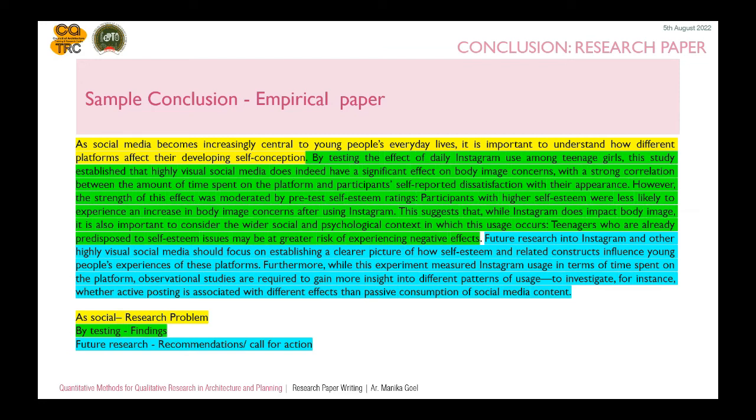However, the strength of this effect was moderated by the pre-test self-esteem rating. The participants with higher self-esteem were less likely to experience an increase in body image concerns after they used Instagram.